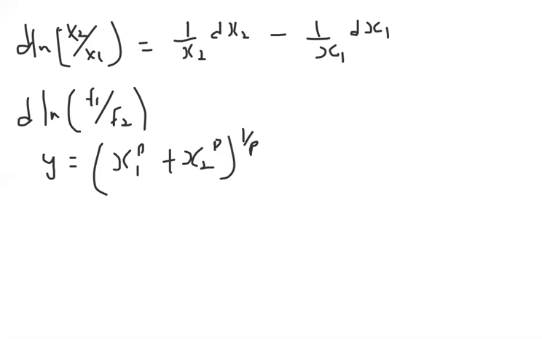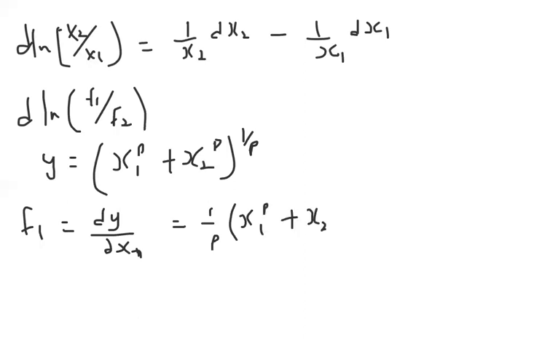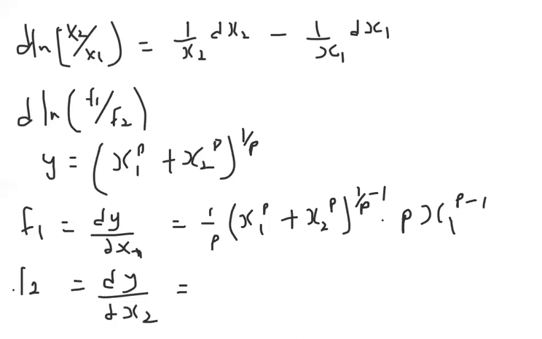In this case, f1 is the partial derivative of y with respect to x1, and that gives you (1/5)(x1^5 + x2^5)^(1/5 - 1) multiplied by 5x1^(5-1). Then f2 is the derivative of y with respect to x2, which also gives you (1/5)(x1^5 + x2^5)^(1/5 - 1) times 5x2^(5-1). So these are the partial derivatives.